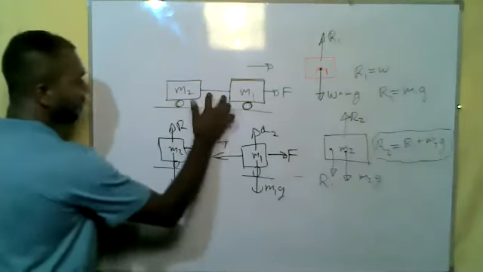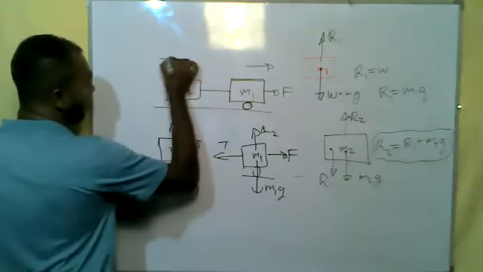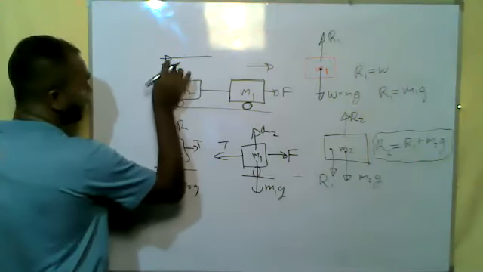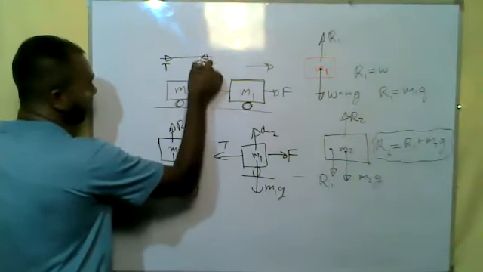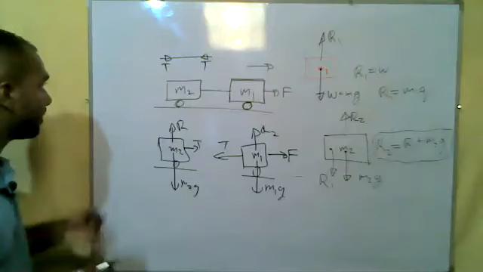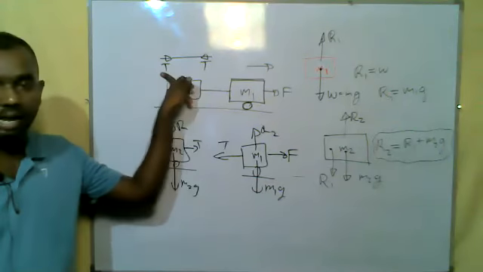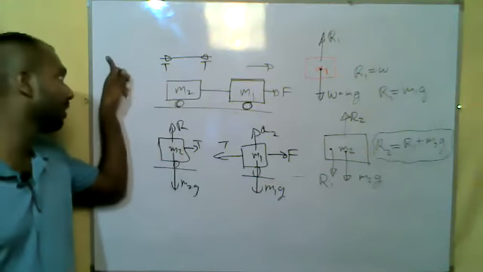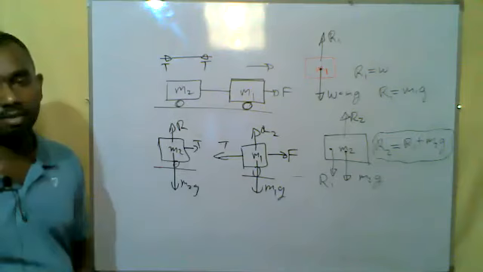Think of this rod here. It should have the same tension at both ends. That's why we say these rods are inextensible, or the strings are inextensible.